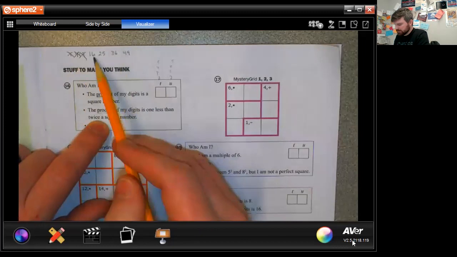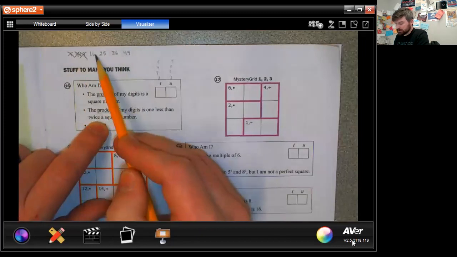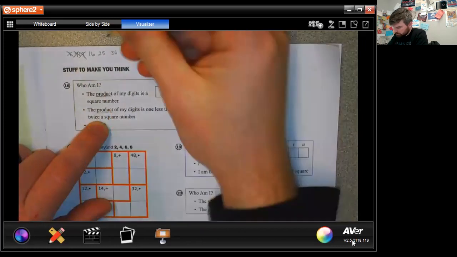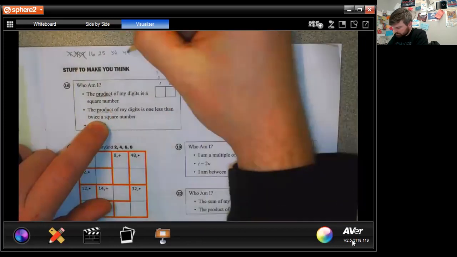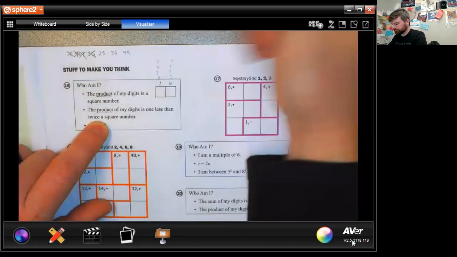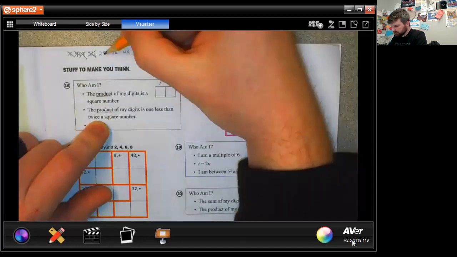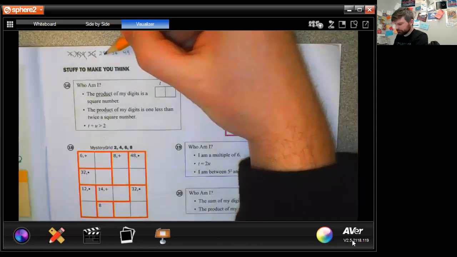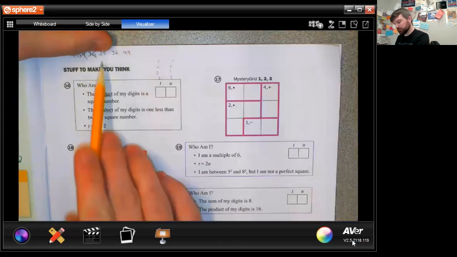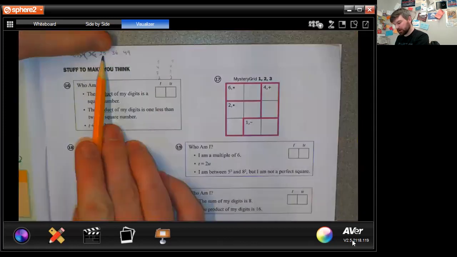Okay, 16 twice, 2 times 16 would be 32. 1 less than 32 would be 31, and 31 is not a square number. 25 times 2 is 50. 1 less than 50 is 49.